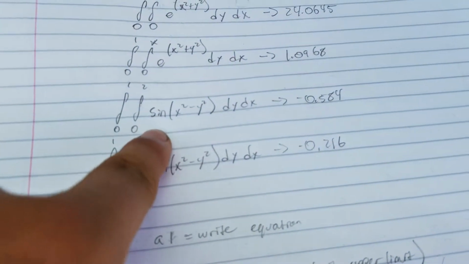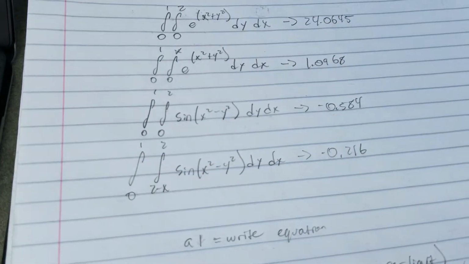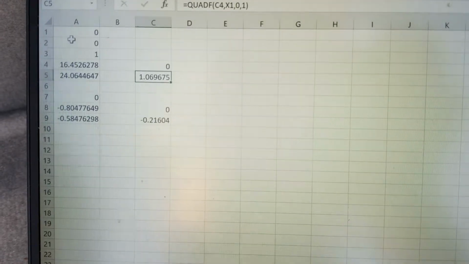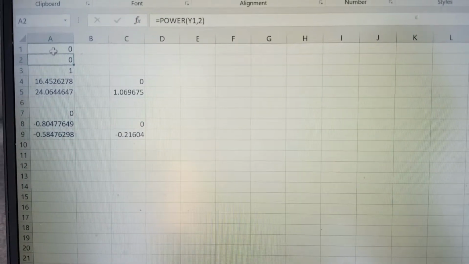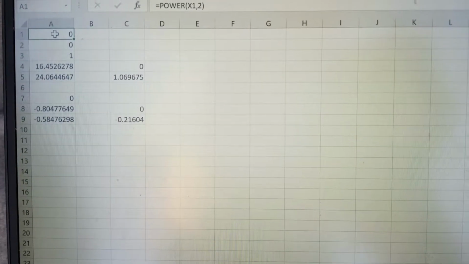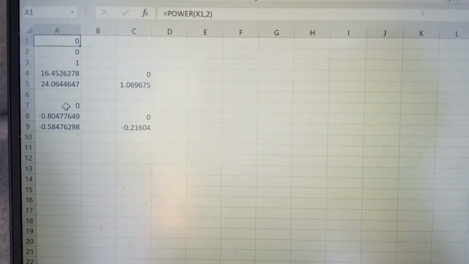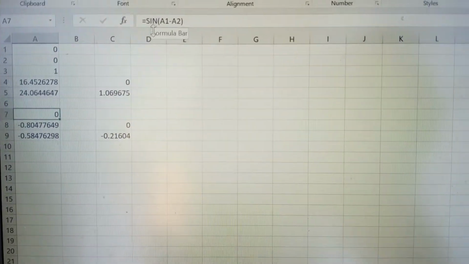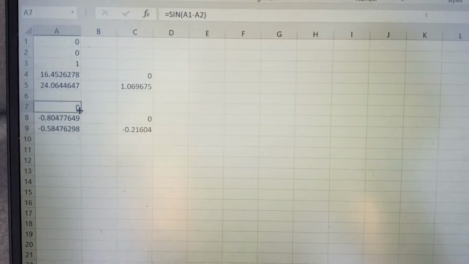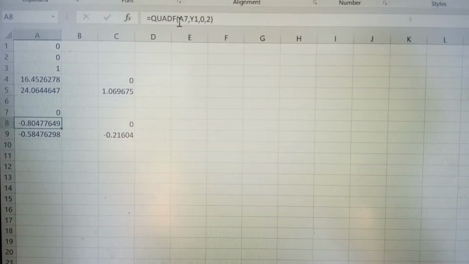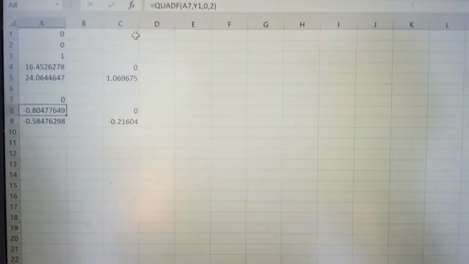So this was the equation, sine of x squared minus y squared. I still reused x squared and y squared with A1, A2. I inputted the equation here into A7, and did the first integral in A8 with QUADF in terms of y from 0 to 2.